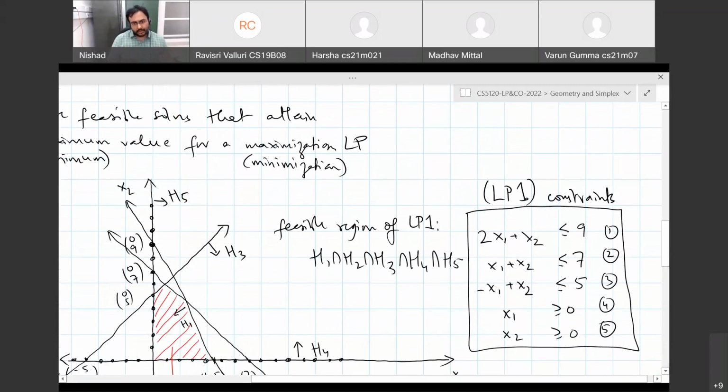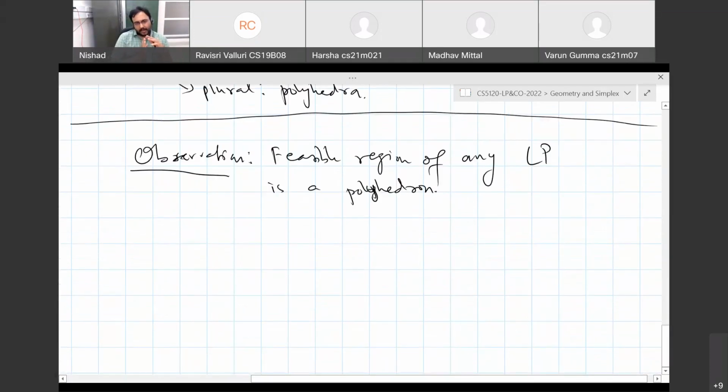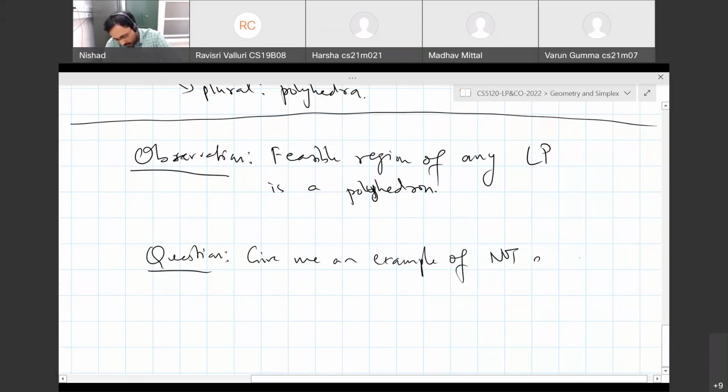So I have a question. Can someone give me a simple example in 2D or 3D of something that is not a polyhedron? The arrow shapes are.